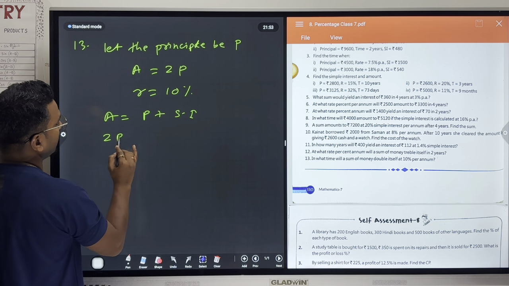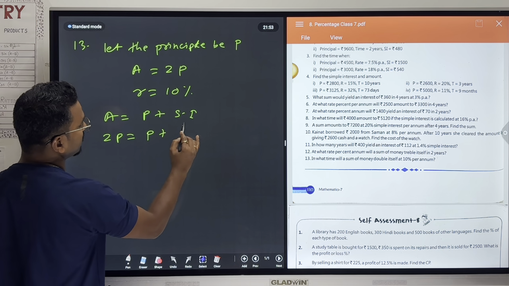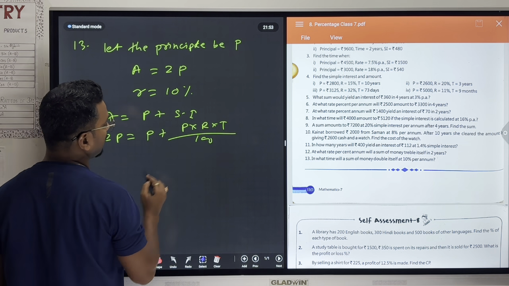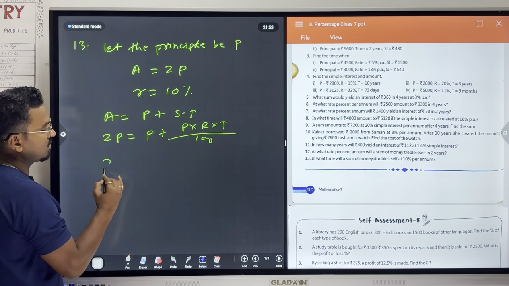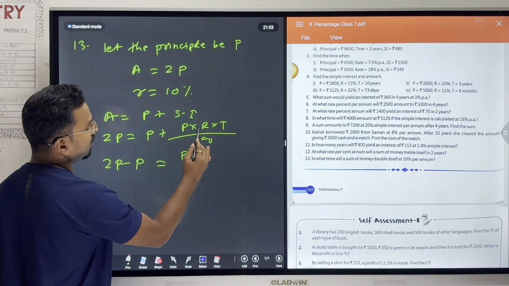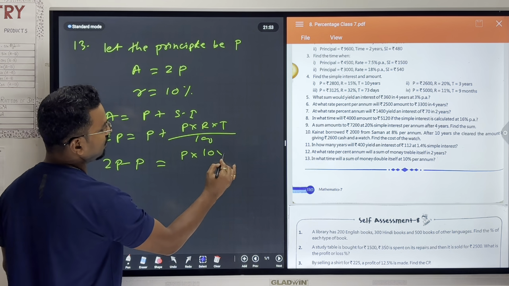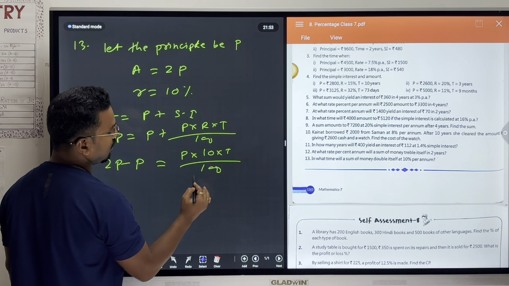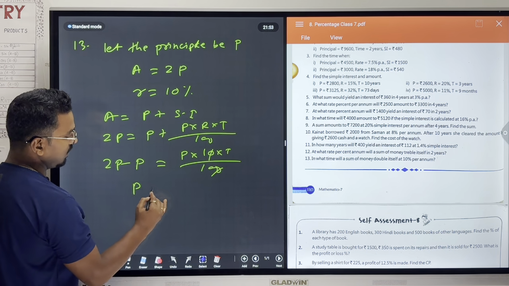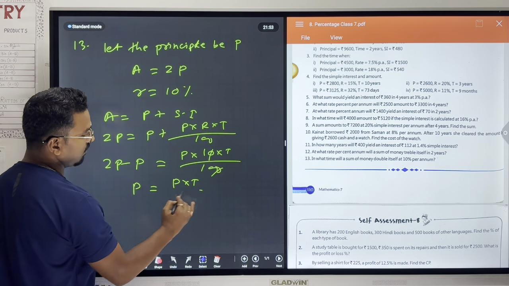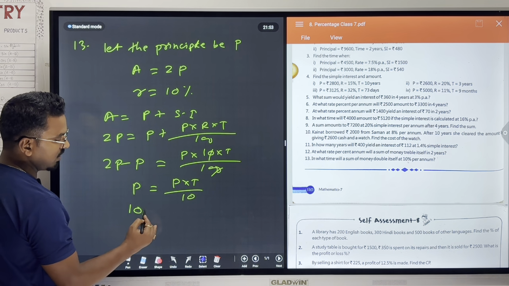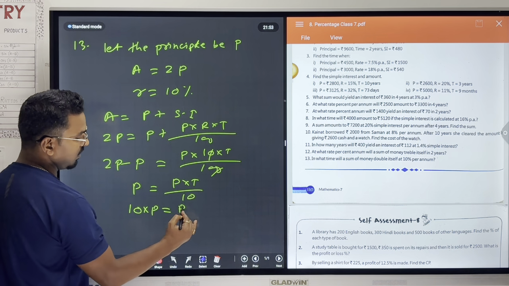Amount is given as 2P, here P plus simple interest, which is P into R into T by 100. Shift this to the other side: 2P minus P, here P into rate of interest 10% into T divided by 100. The zero will get cancelled. Here it will become P into T divided by 10.